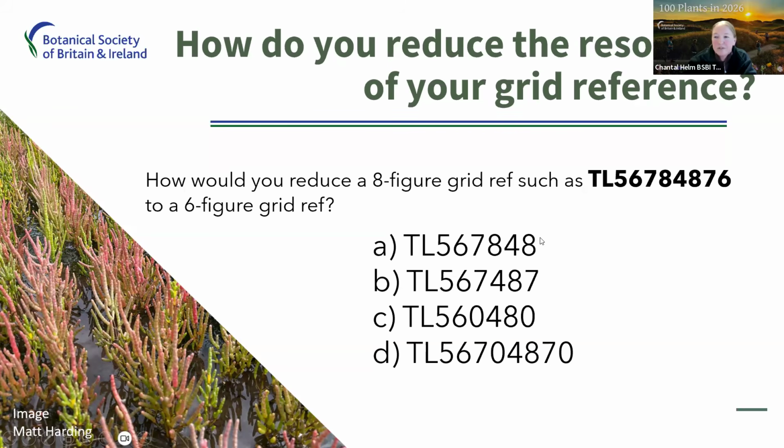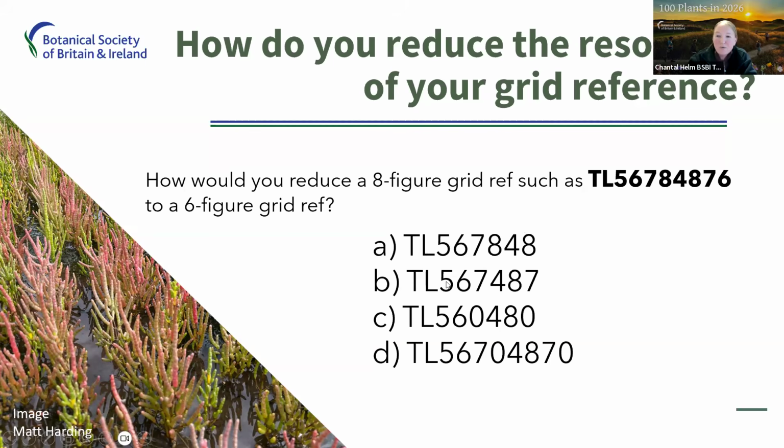So the first one has just removed, I think, the last 2 digits off the grid reference. A lot of people would think that would be the right way, but unfortunately, you are removing 2 parts of the northing, and then you're making this 567 the actual easting, and 848 the northing, which is a totally different area.